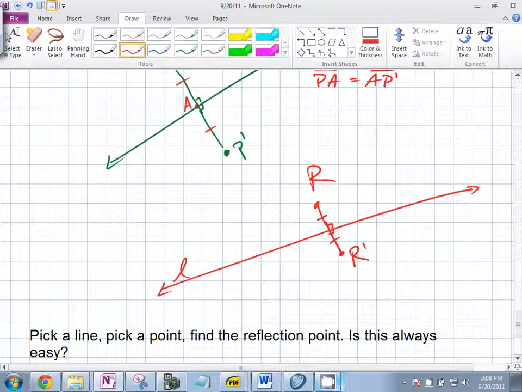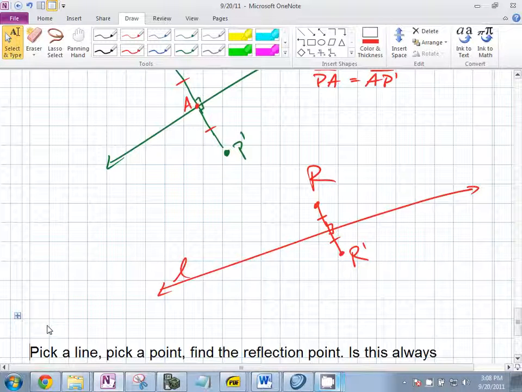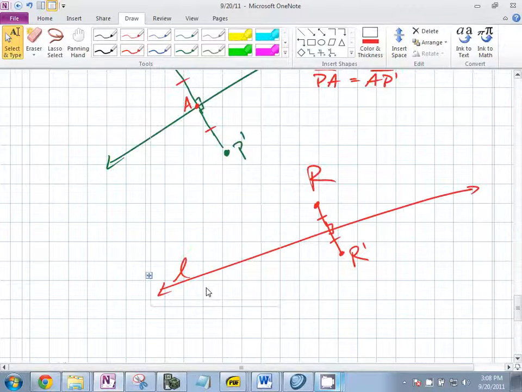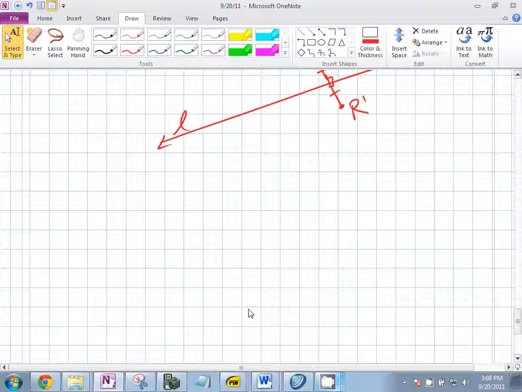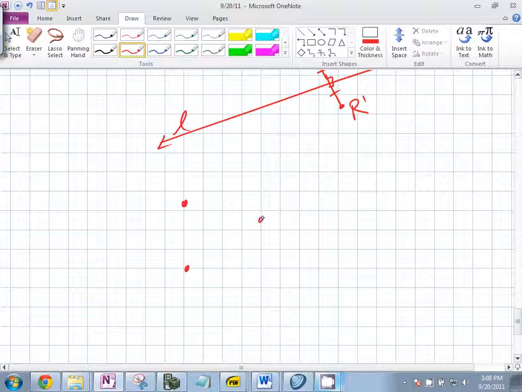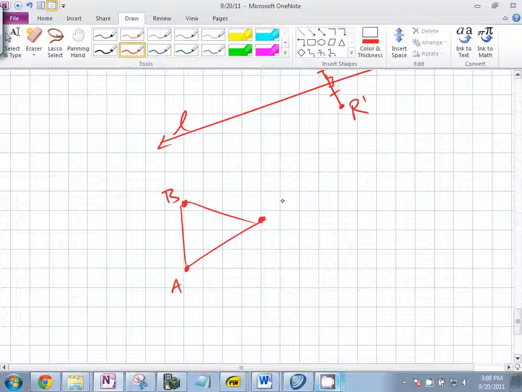So if you can reflect one point, what can you also reflect? Yeah, anything you want, because a shape is just a collection of points. So if I gave you a triangle A, B, C, and a line, let's call that line Q, could you theoretically draw the reflection of that entire shape?